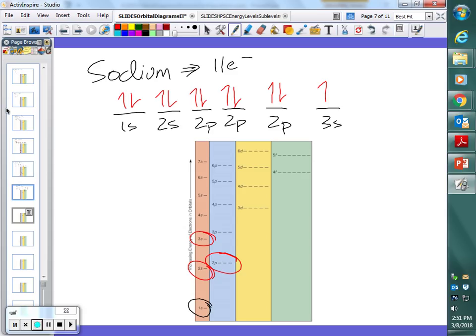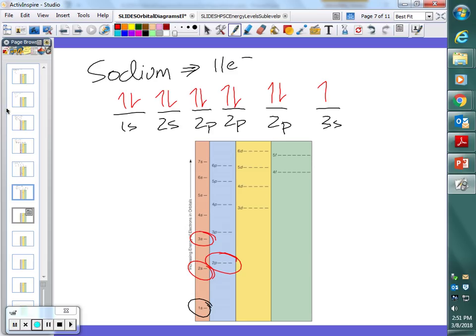All right, I believe it says on your notes, noble gas notation. Here, this is just 11 electrons.